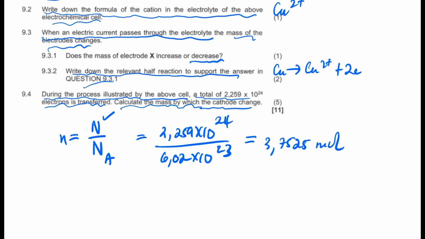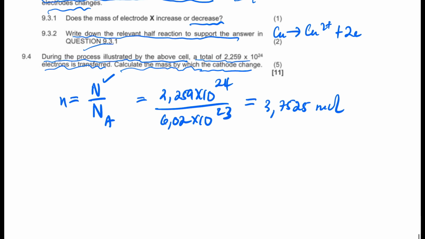We'll change that into number of moles, right? So from number of moles to mass, we'll say number of moles equal to mass over molar mass, and then we take that number of moles, which is 3.7525, equal to the mass over the molar mass, and the molar mass of copper is 63.5.